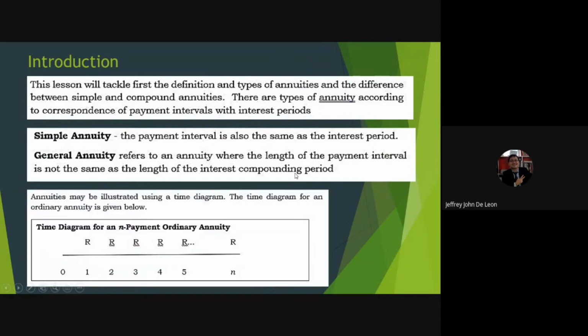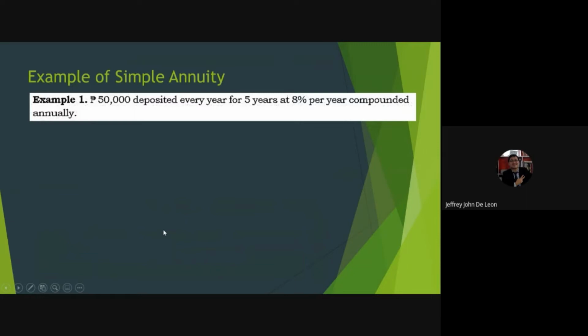Annuities may also be illustrated using a time diagram. The time diagram for an ordinary annuity is given below. Starting now, at 0, then the first payment up to the end payment, where you are going to pay a regular payment, R. Example of a simple annuity: 50,000 deposited every year for 5 years at 8% per year compounded annually.